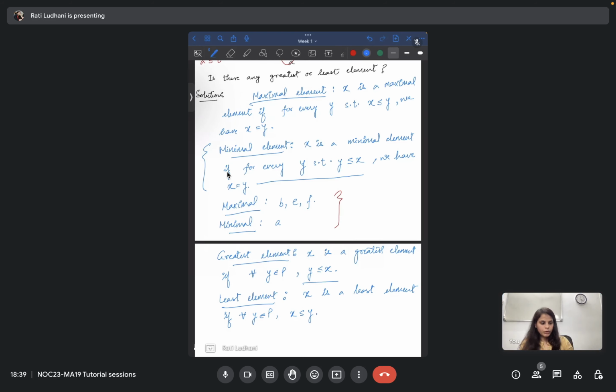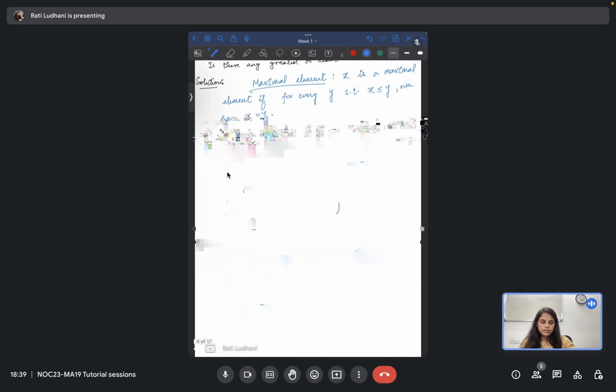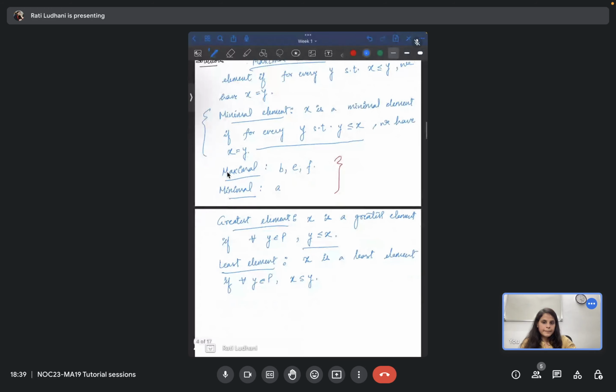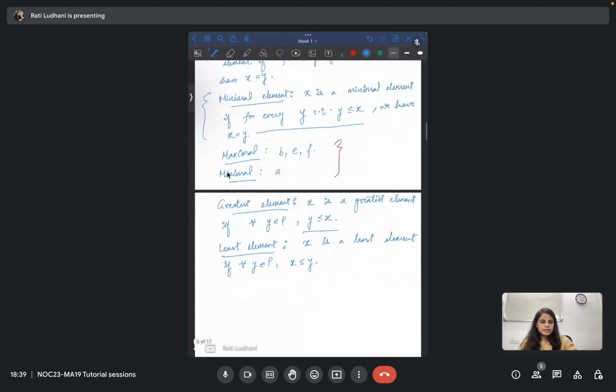Yes, ma'am. Okay, so can you tell me here, is there a greatest element or not? No, ma'am. Exactly. Can you explain why? Since, for example, for a greatest element, if it exists, it has to be a maximal element, so we only need to check amongst the maximal elements.